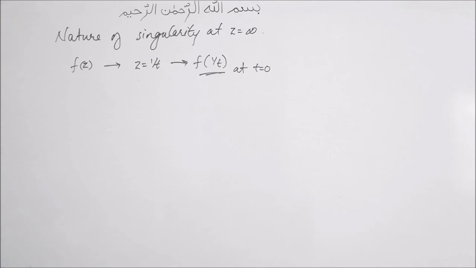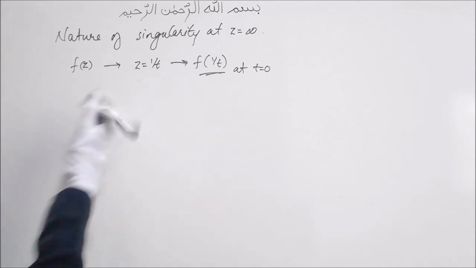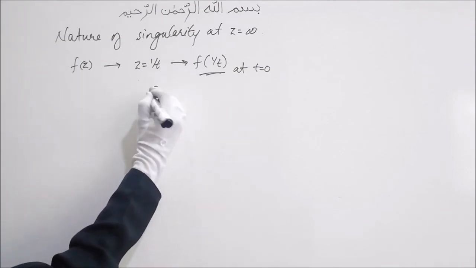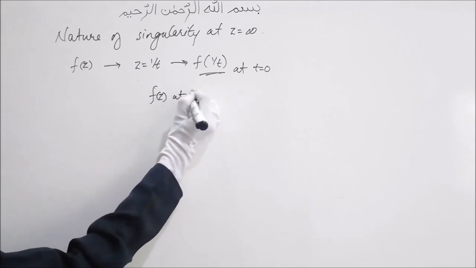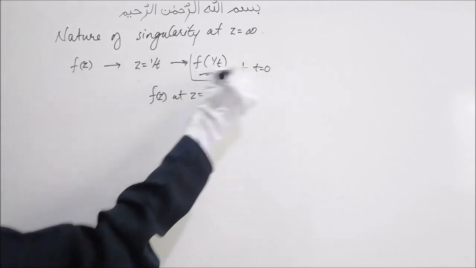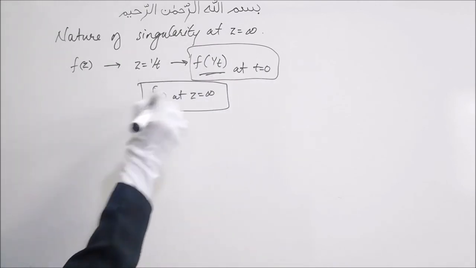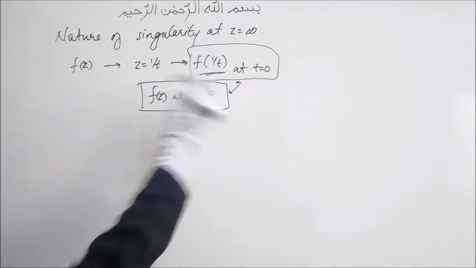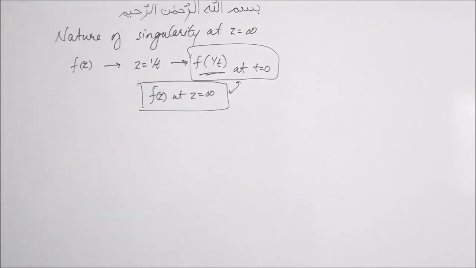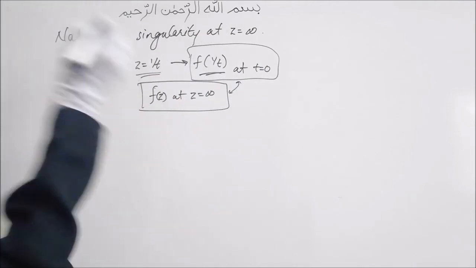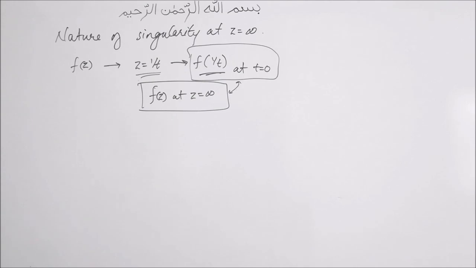And whatever we get will be the nature of singularity of f of z at z equals infinity. That is, f of 1 by t at t equals 0 and f of z at z equals infinity, both of their singularities will have the same nature if z equals 1 by t. Things will become more clear as we move ahead and as you solve more problems.